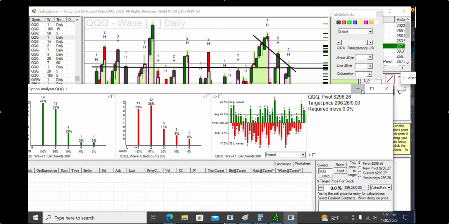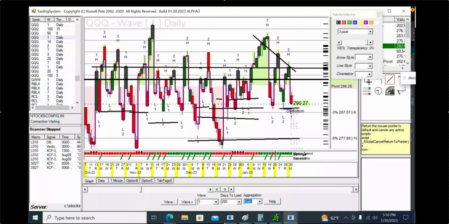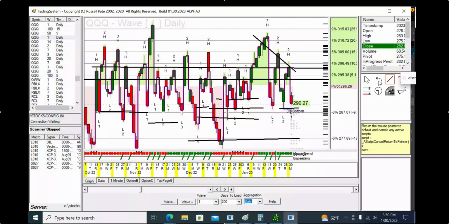So quite likely, if we can break this high on Thursday, we can continue to run. And if we do run, I'm going to look across here. You can also move this pivot line.